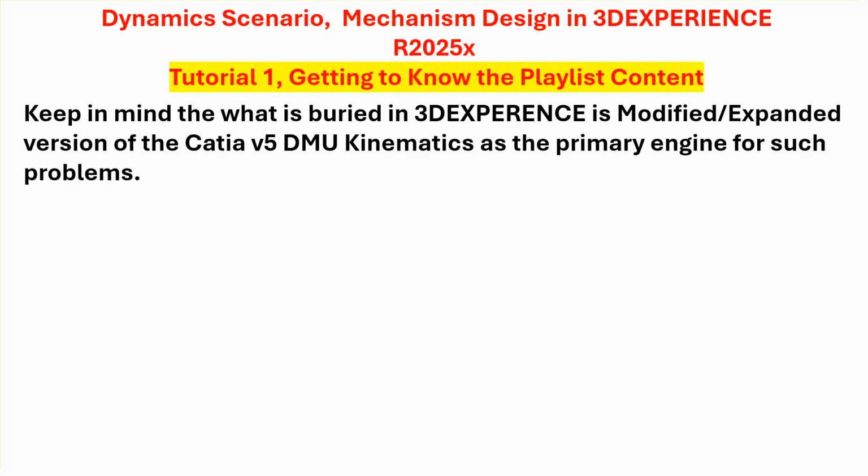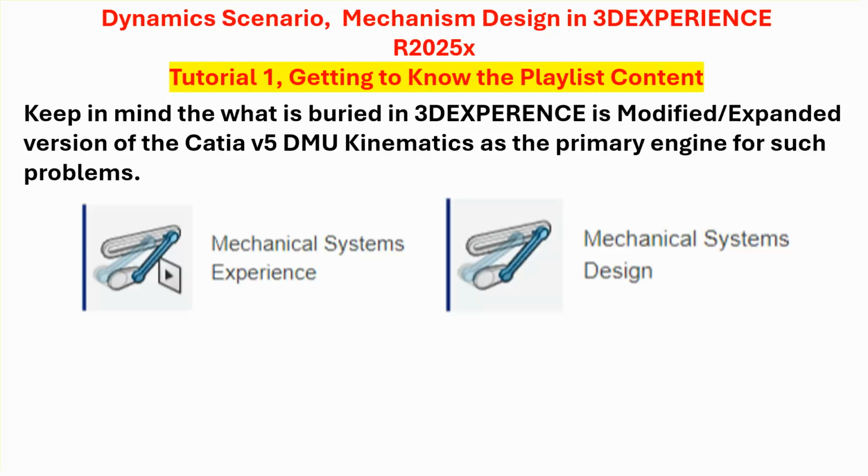mechanism applications in 3D Experience is the good old CATIA V5 DMU kinematics, and it is the primary engine for these applications. The applications within the 3D Experience are called mechanical systems design and mechanical systems experience.